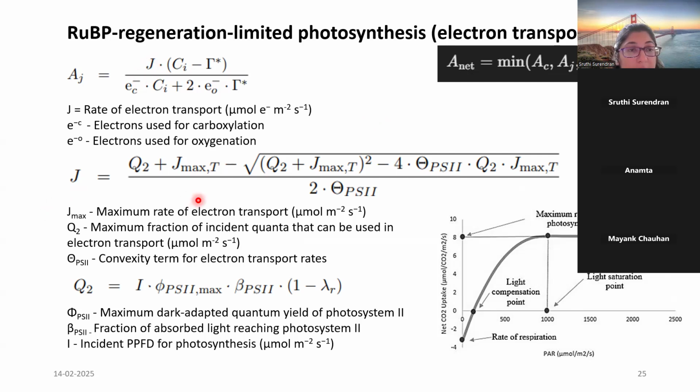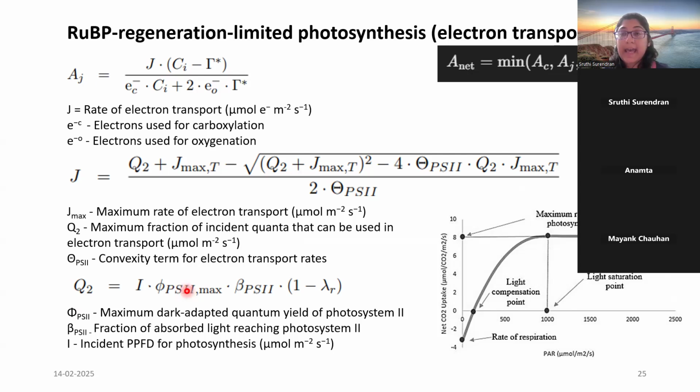The equation over here depicting the intensity of light that is absorbed is again a function of the maximum quantum yield, then the fraction of absorbed light reaching photosystem 2, and the light absorptance. And here theta is again this convexity factor. So using this equation, you can find out the J value, and all of these values are again temperature dependent. Jmax is temperature dependent, theta is temperature dependent, phi is all temperature dependent.